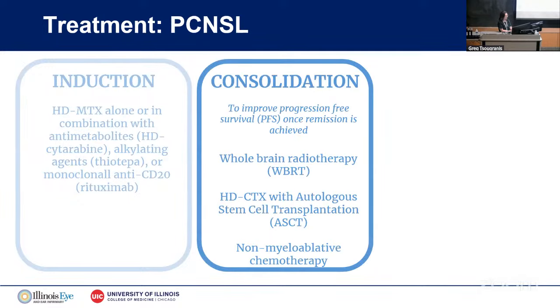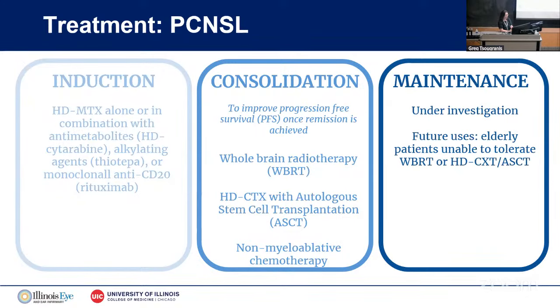Once you're in remission, to improve progression-free survival, patients undergo whole brain radiotherapy, high-dose chemotherapy with autologous stem cell transplantation, or non-myeloablative chemotherapy. Lastly, more work is being done to look at whether there's a role for maintenance therapy, especially in those who are unable to tolerate some of those consolidation therapies.